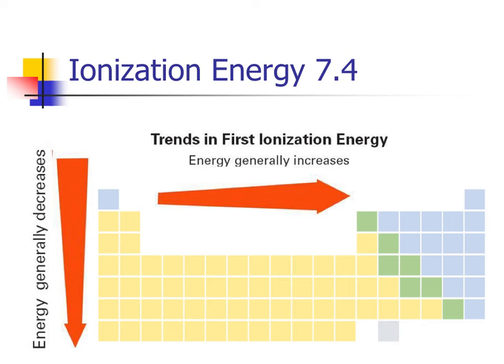And again, the conceptual understanding of the why is that it's easier to pull electrons from large atoms. It's hard to pull electrons from small atoms. So that's where we get some of these trends that we see here.